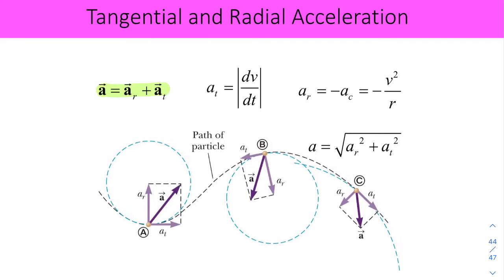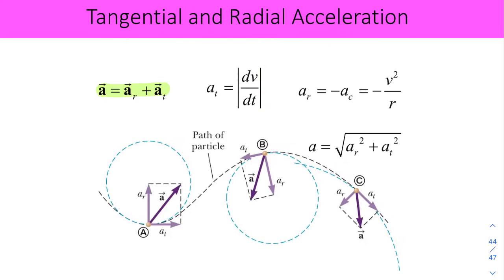We know that a_t is equivalent to d|v|/dt. What does that mean? It's the change in the speed with respect to time. Why is there a modulus here?